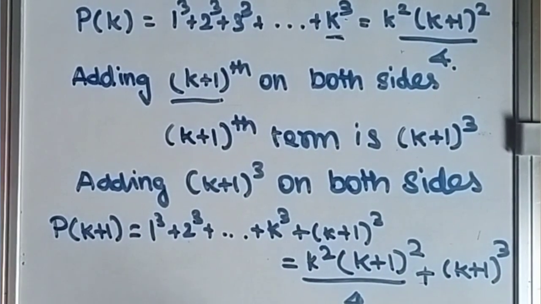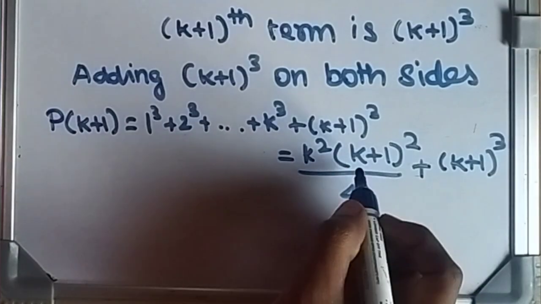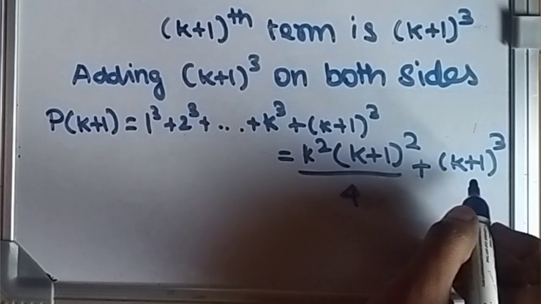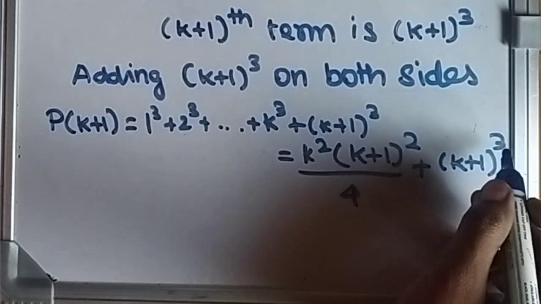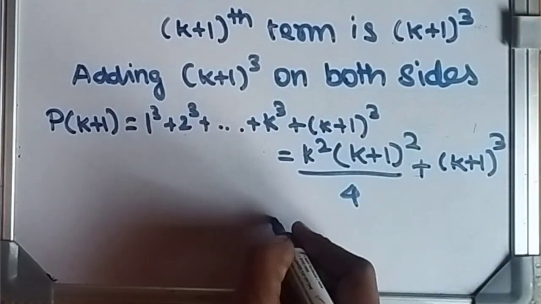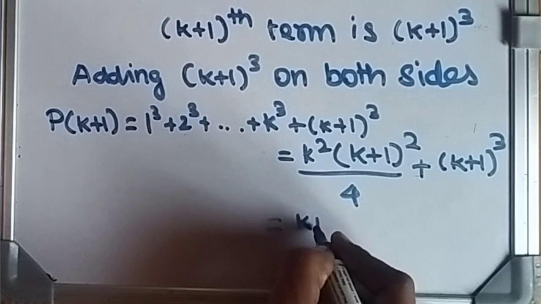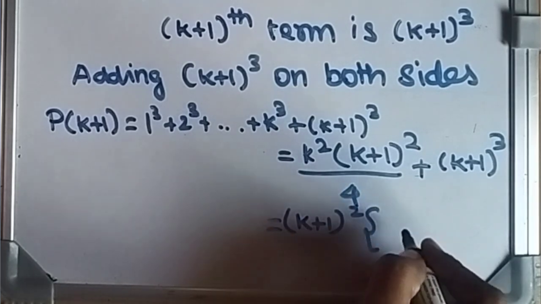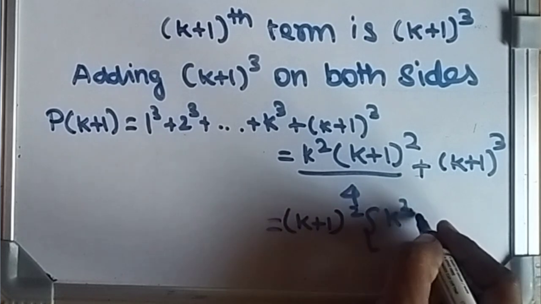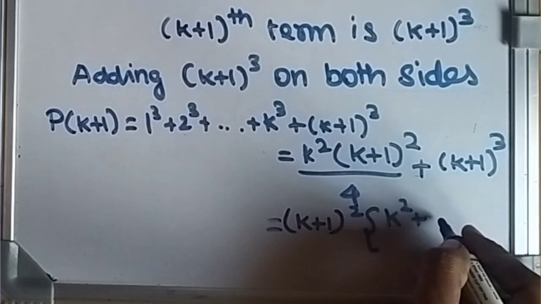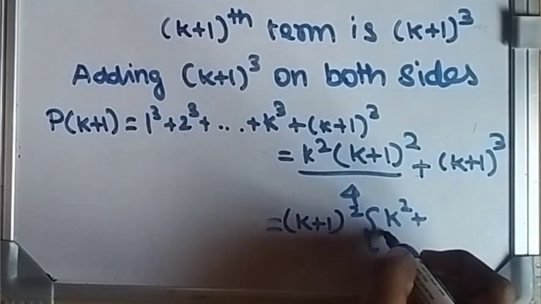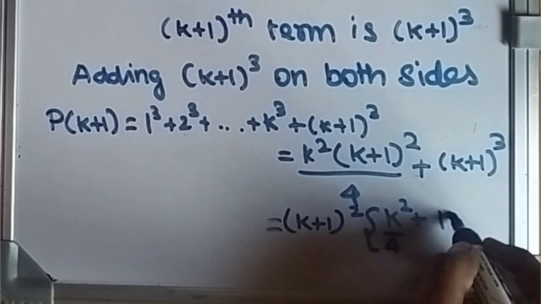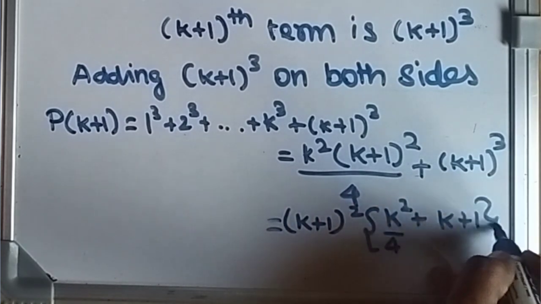Clear? Clear. Now we see, here it is also k plus 1 the whole square, and here it is k plus 1 the whole cube. So I am going to take k plus 1 the whole square in common. So it becomes k squared divided by 4 plus k plus 1.